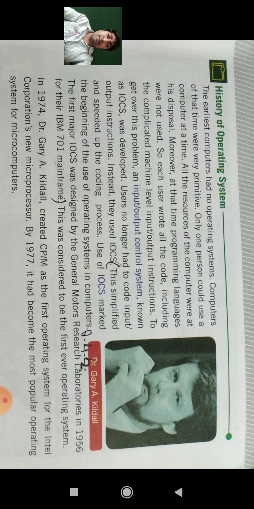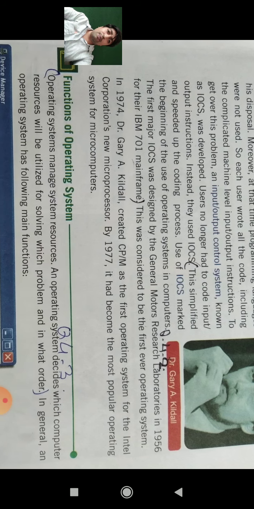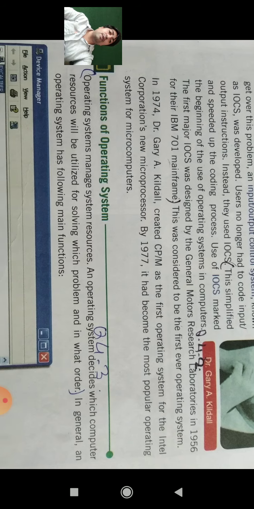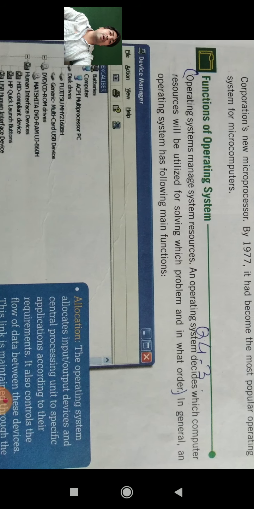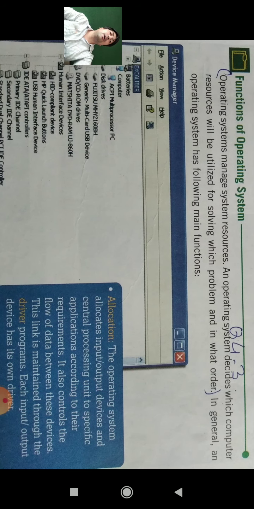So after getting the knowledge of the history, we will see the functions of operating system in the next lecture. But today I am going to discuss just a concept about that. The operating system manages the system resources. An operating system decides which computer resources will be utilized for solving which problem and in what order.